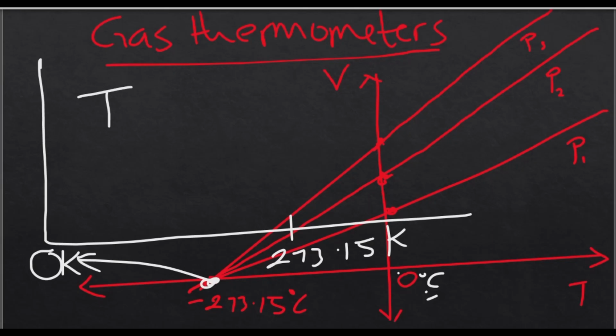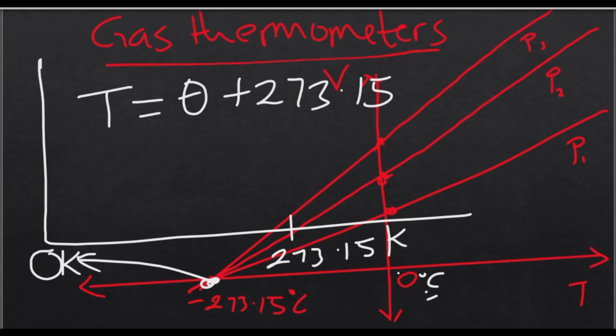T, temperature in Kelvin, will be equal to theta, temperature in degrees Celsius, plus 273.15. You can drop the 0.15 because people sometimes approximate it to 273. So 273 added to your temperature in degrees Celsius will give you a temperature in the Kelvin scale.